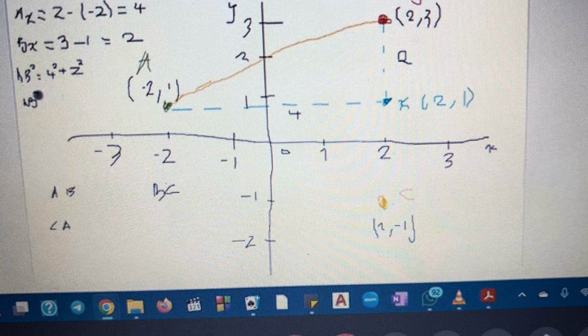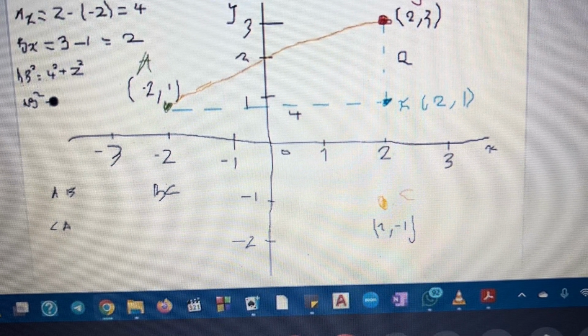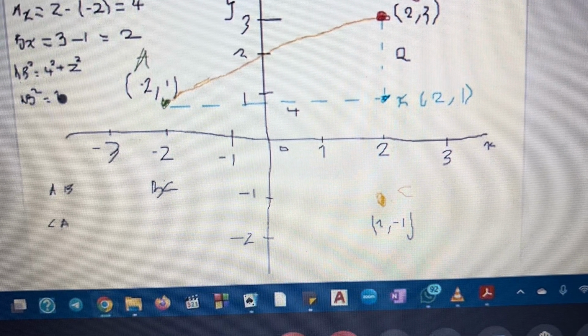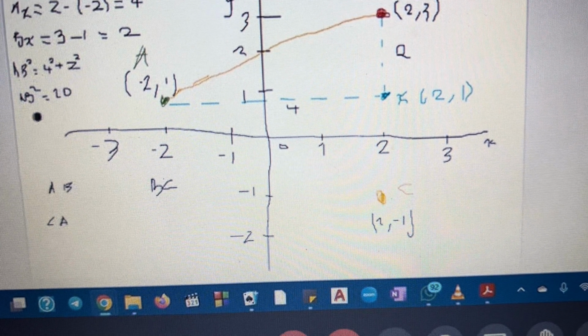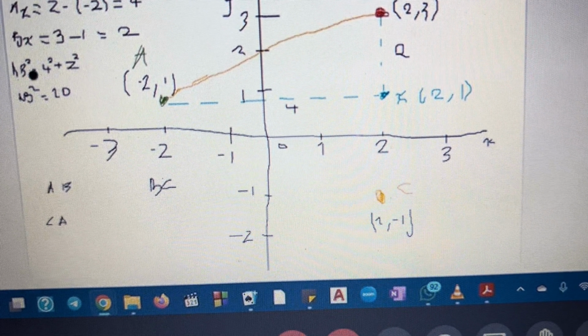AB squared is equal to 20. And so the distance AB is equal to the square root of 20.